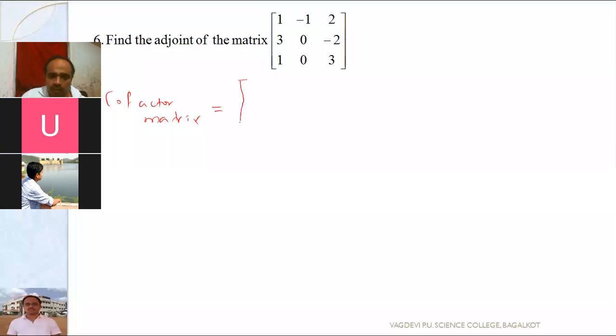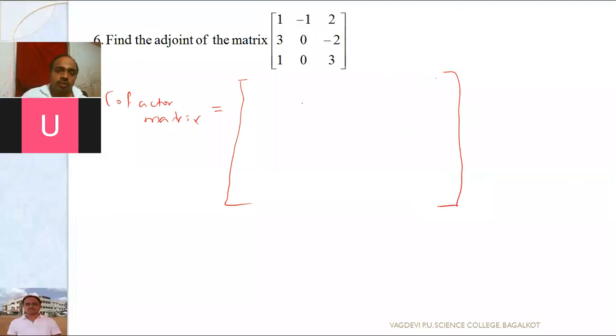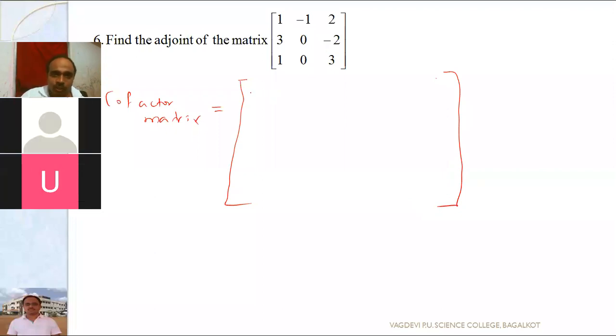Just put a big matrix like this. First write sign scheme plus, then write a determinant. Why am I writing a determinant? Because it's a 3 cross 3 matrix. When you delete the row and column, again you'll get a 2 cross 2 determinant.